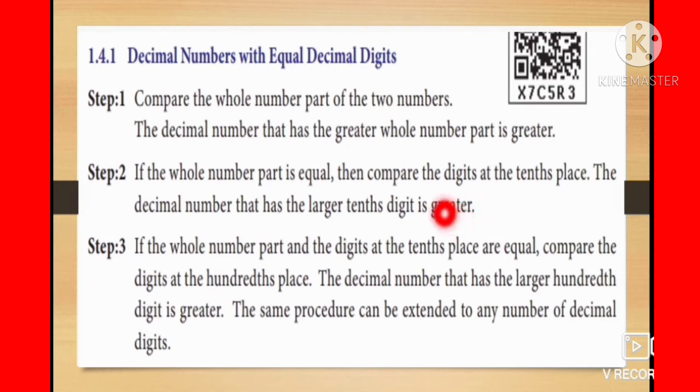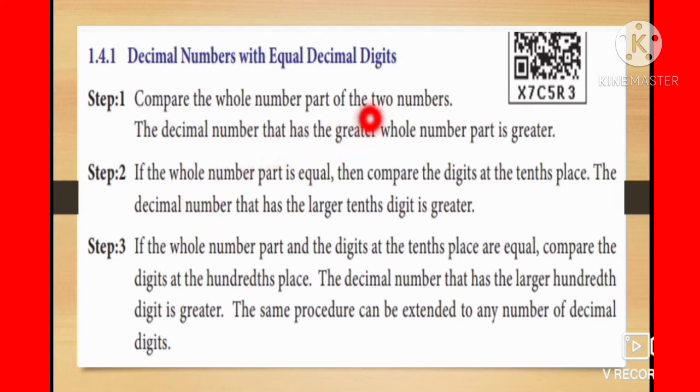So this is called equal decimal digits, which means they have an equal number of digits in the decimal part.